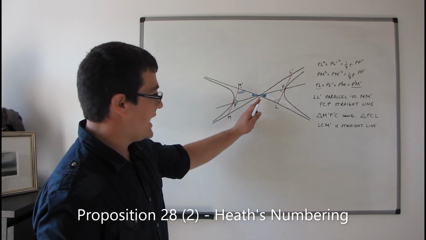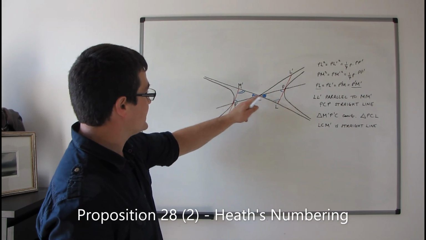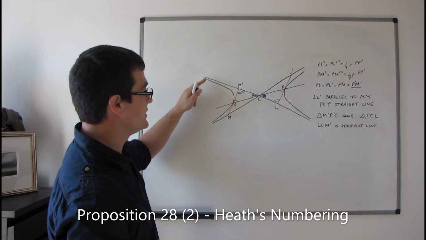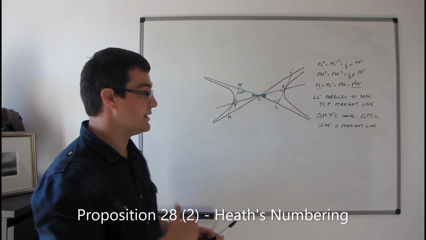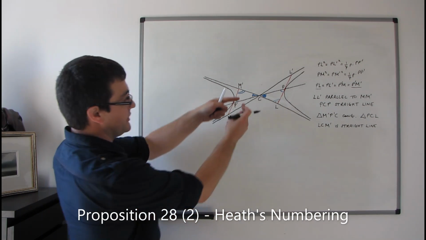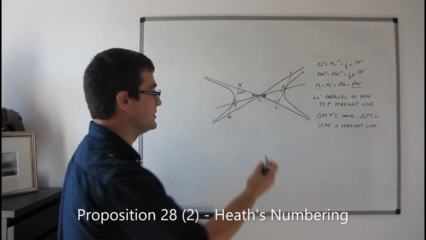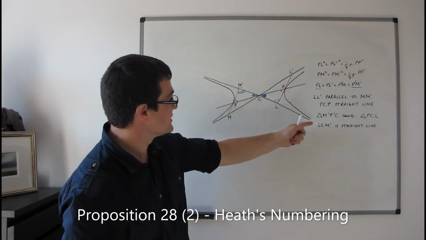We knew that CL was an asymptote to the first hyperbola, CM primed was an asymptote to the second branch over here, and it turns out that L, C, M primed all lie on a single straight line. So therefore the two branches of the hyperbola have the same asymptote, at least when it comes to this one here.